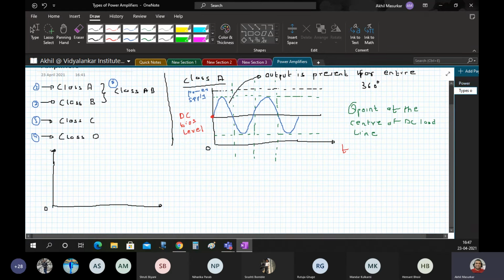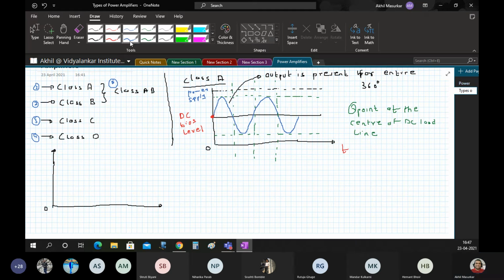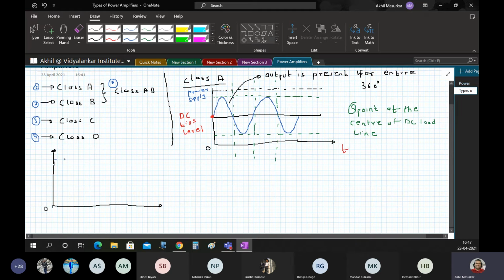Again, any amplifier output must vary between two levels. One is the 0, that is the ground, and the other one is the power supply. So I always show that here, this is V0, my output V0.